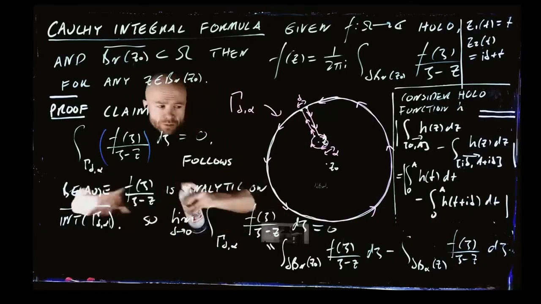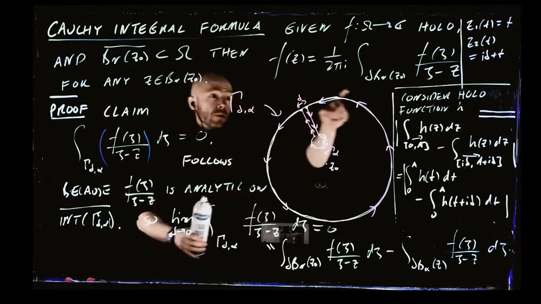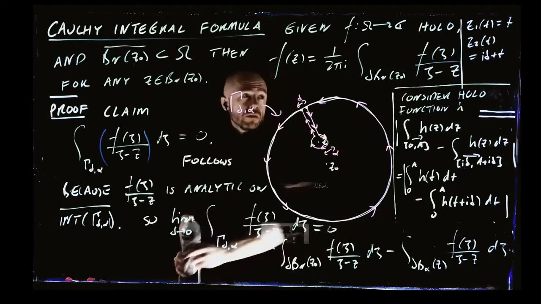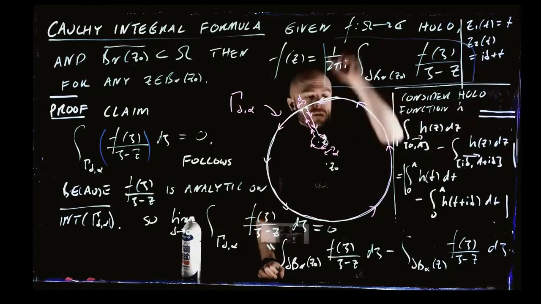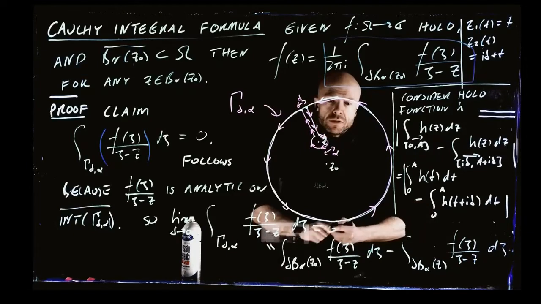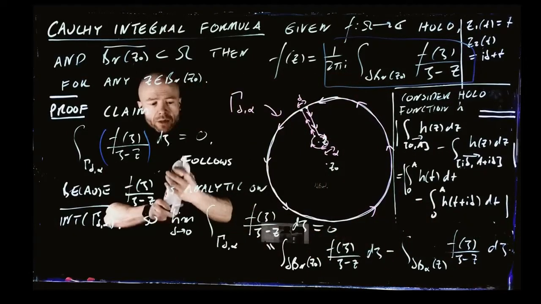So try to remember that we've reduced this integral here to the integral around a little circle around z itself. z we've chosen as just some point inside the ball.